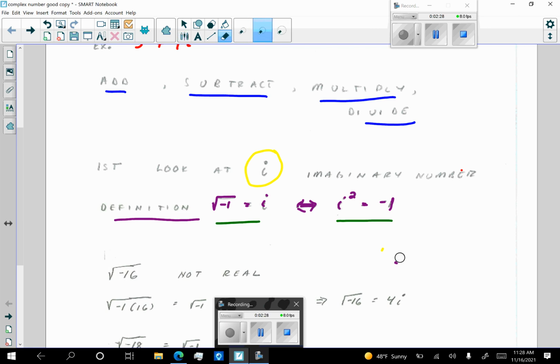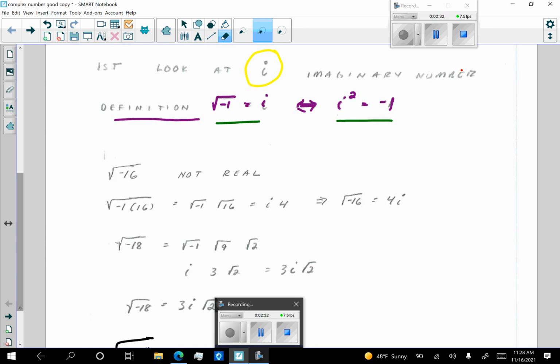It's not real. And if I go back to the realm of square roots, we learned in geometry and earlier in our algebra years that you cannot take the square root of a negative number. So this number here is not a real number.